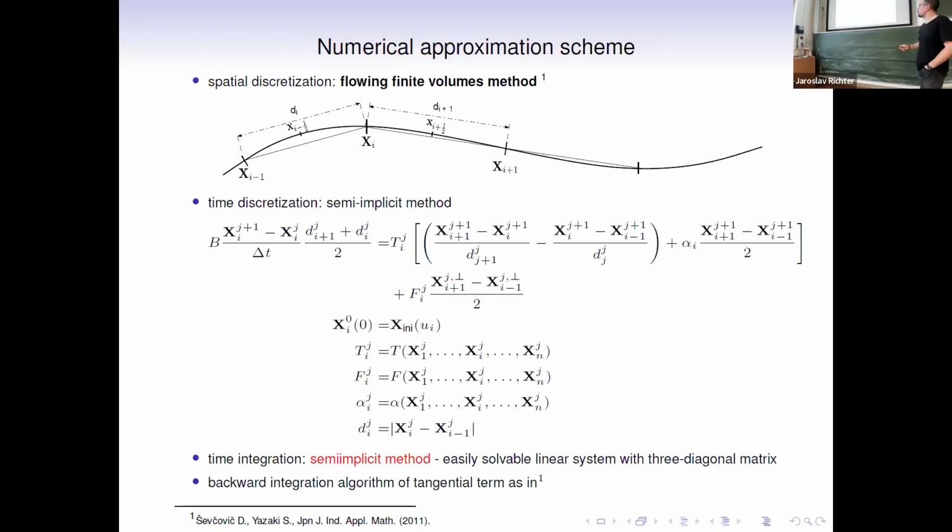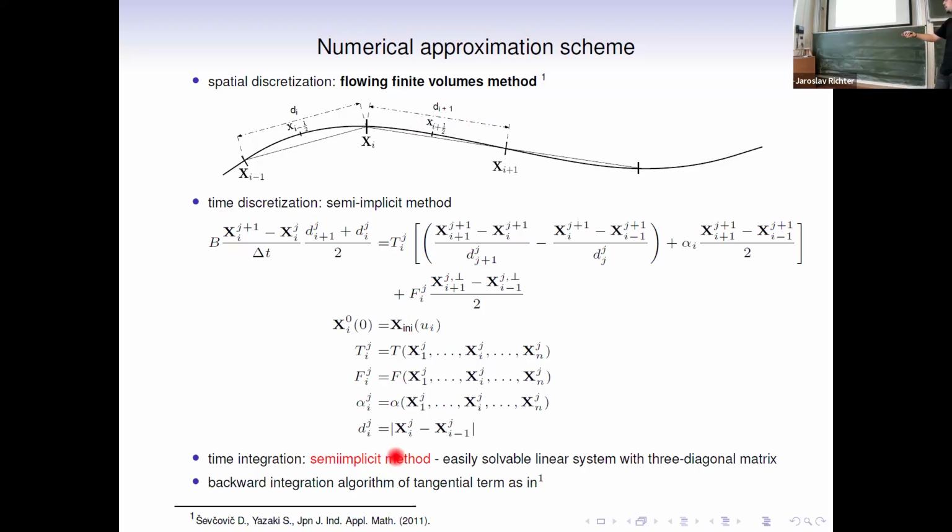From the numerical point of view, I'm again citing Daniel Ševčovič, because after some time, I think the most convenient numerical scheme is based on the flowing finite volumes method, which is basically very similar to finite differences. It provides a very easy, very robust computational scheme.